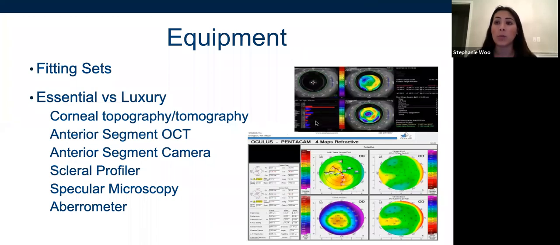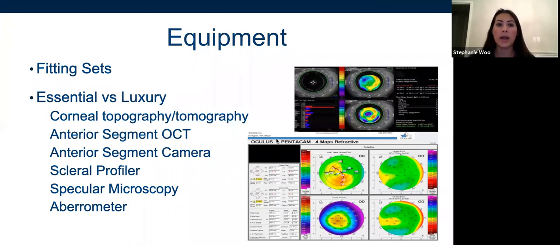I feel like that probably will become the gold standard if you are going to fit scleral lenses at a high level. If you're only doing it once a month, or only to help the patients in your office, and you're not going to be doing this a ton, I don't think it's something you absolutely have to have. Maybe Katie or Greg will disagree.